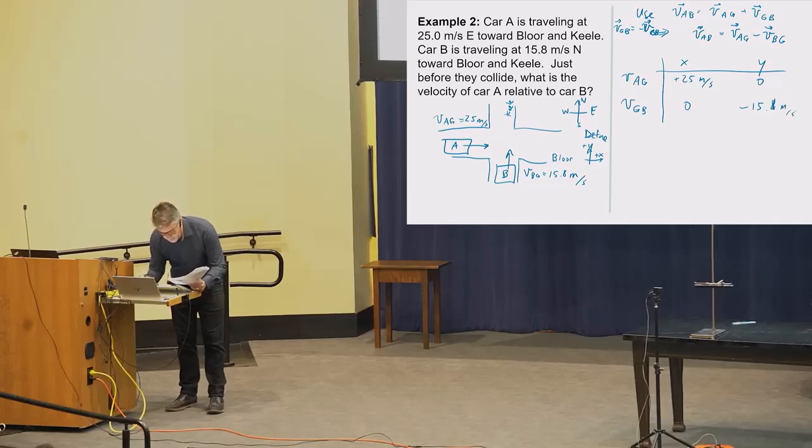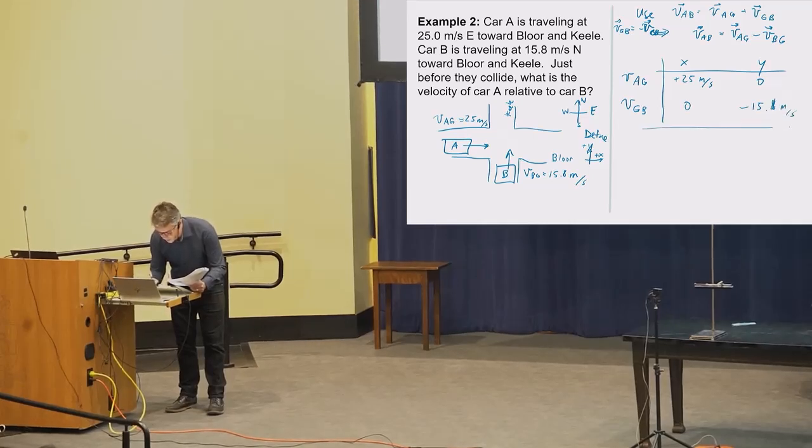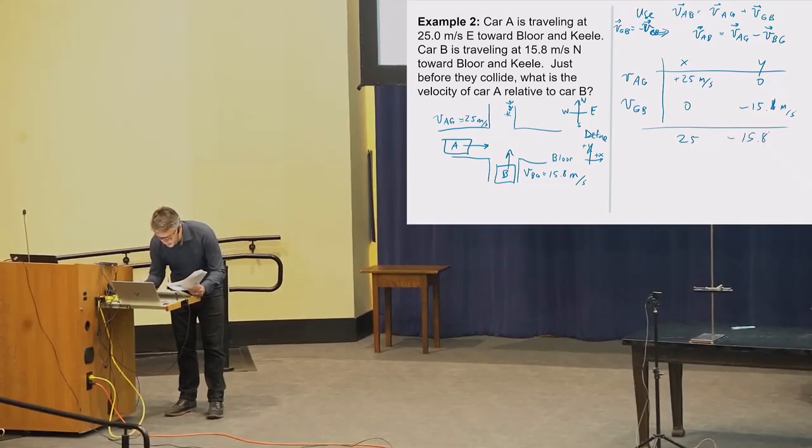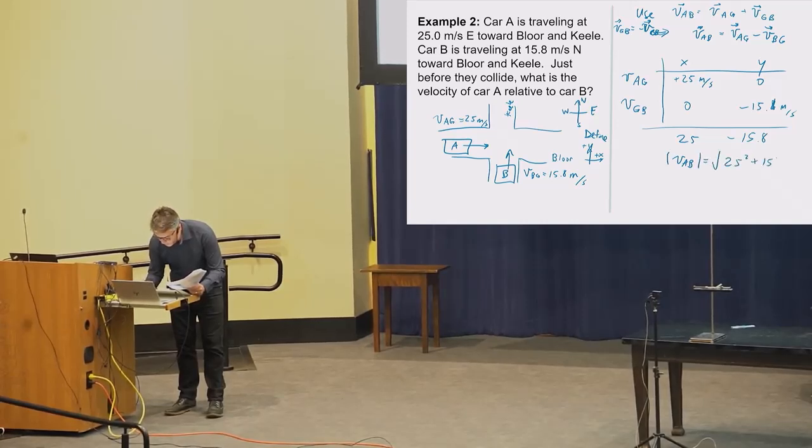That's the velocity of the ground relative to car B. So basically I take the 25 in the x direction and minus 15.8 in the y direction, and I say that the absolute value of VAB is equal to the square root of 25 squared plus 15.8 squared. So I get 29.6 meters per second.